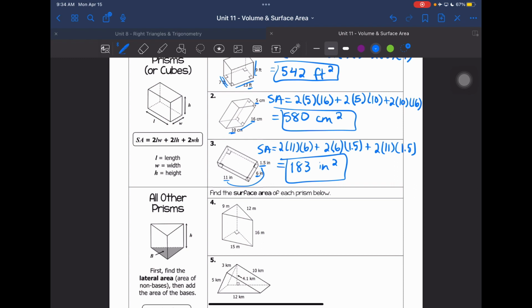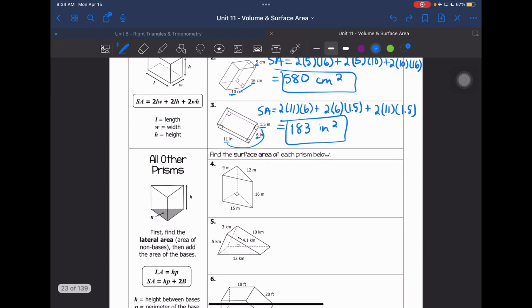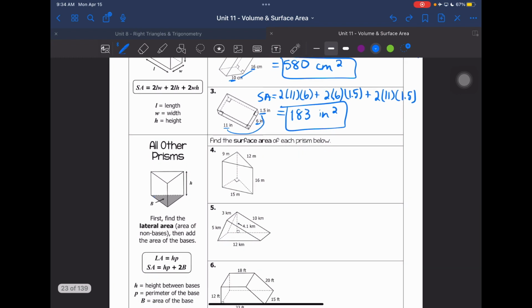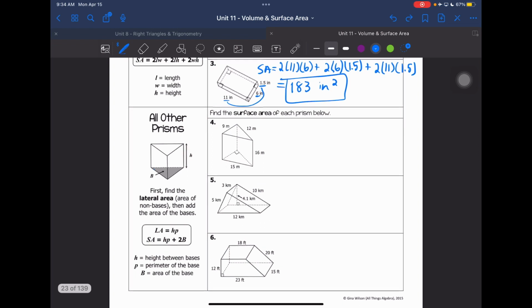So if our base is a triangle, then we need to use the formula for area of a triangle. If our base is a pentagon, then we're going to need to find out how to find the area of a pentagon. I think all the ones that we'll see today are just going to be either triangular prisms or trapezoidal prisms, which we do know how to find the area of.